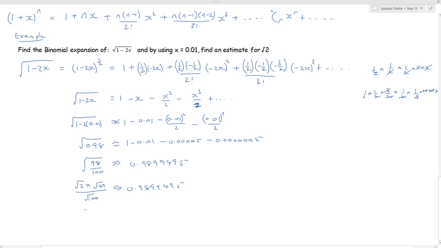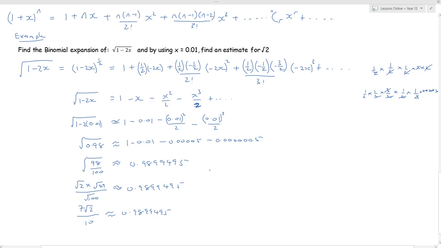I know the square root of 49 is 7, so I've got 7 root 2 on the top, and the square root of 100 is 10. That's approximately equal to 0.9899495.